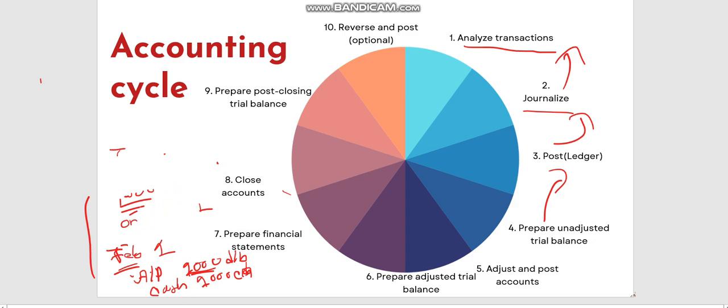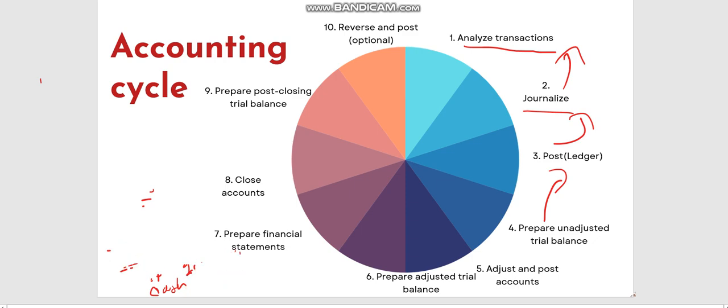And that is what adjust and post accounts is all about. Some transactions that happened outside the accounting period are being accounted for. Now, preparing the adjusted trial balance is taking account of that, posting accounts and creating a trial balance.